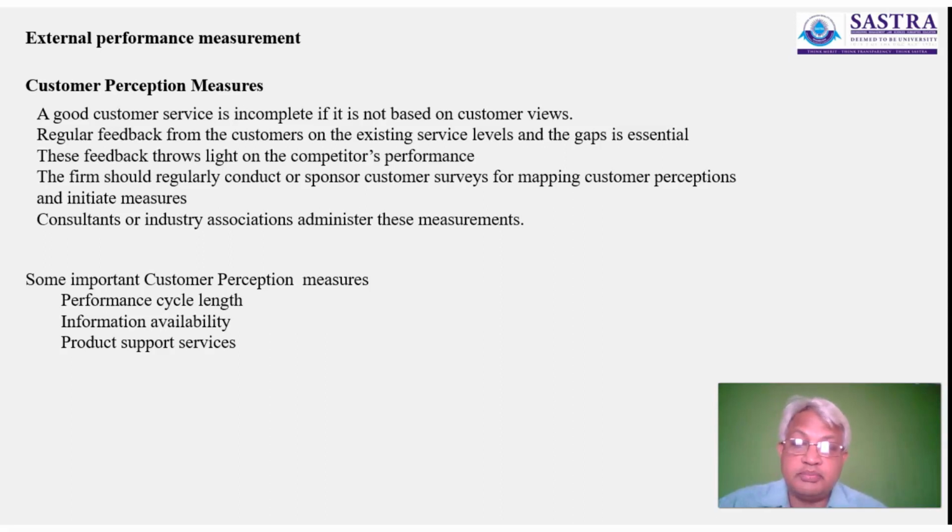The performance cycle time is nothing but the time taken by the company to complete the entire order fulfillment process. That is a very important customer perception measure. The next part is information availability for the customer. Only through surveys can we understand.